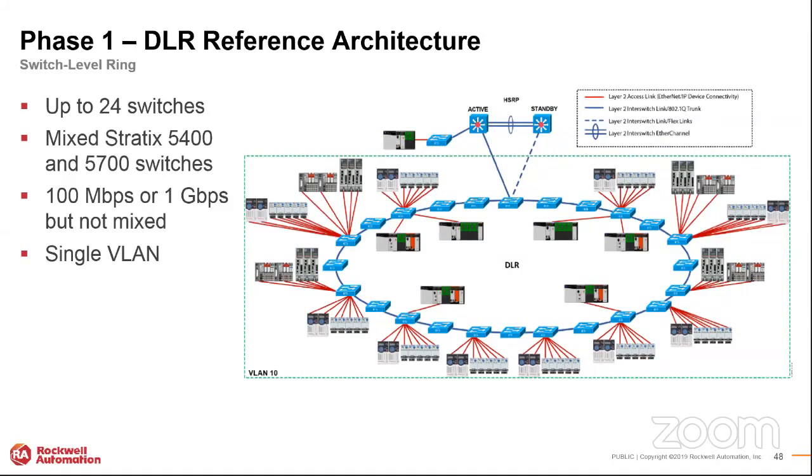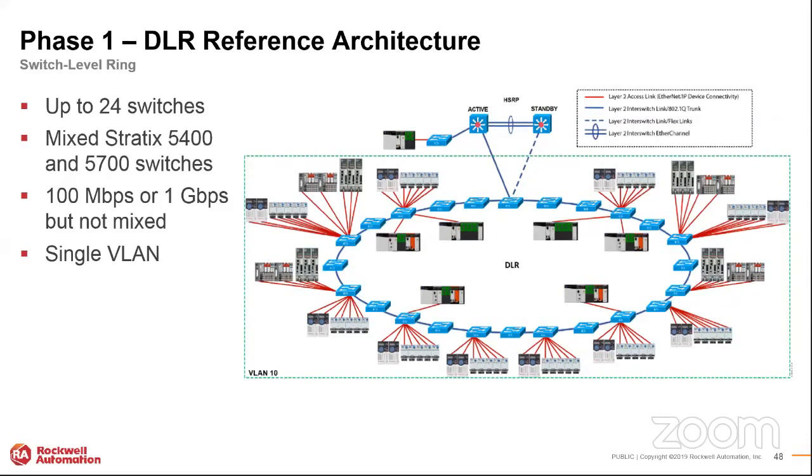The first one, looking back at phase 1, is just a switch level ring. The tested limit here was up to 24 switches in this ring, and again a single speed only, right? So either a 100 megabit ring or a 1 gigabit ring, and with a single VLAN. This is a fairly interesting architecture because you can bring in a lot of devices.